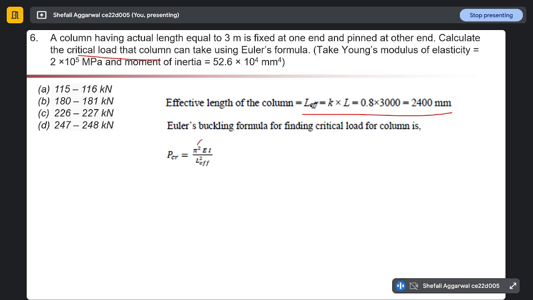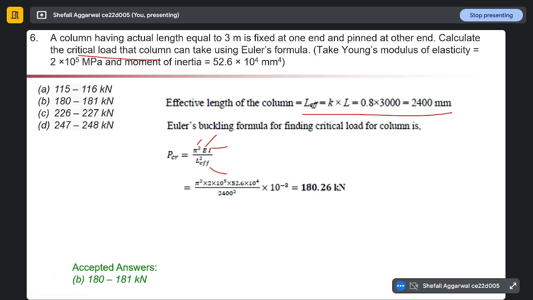E is given as 2 into 10 raised to 5 megapascal, moment of inertia is 52.6 into 10 raised to 4 mm4, and L effective we have already calculated. From here the critical load comes as 180.26 kilonewton, which is between 180 and 181. So the accepted answer is B.